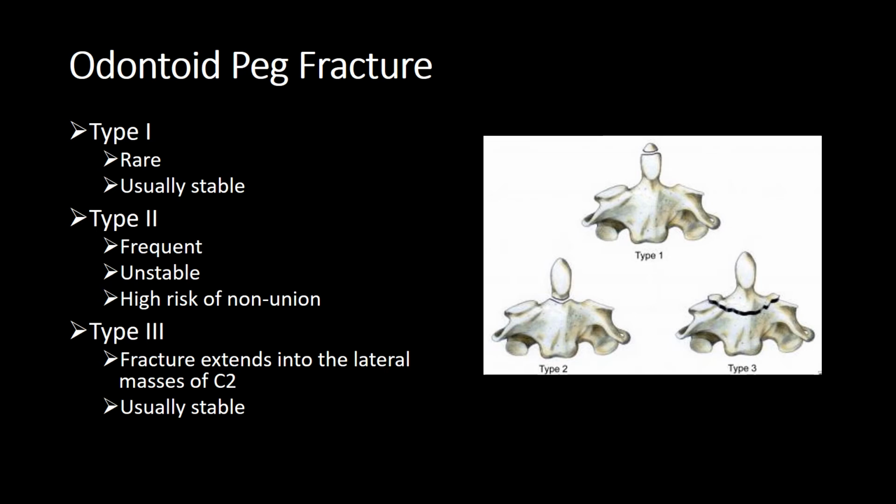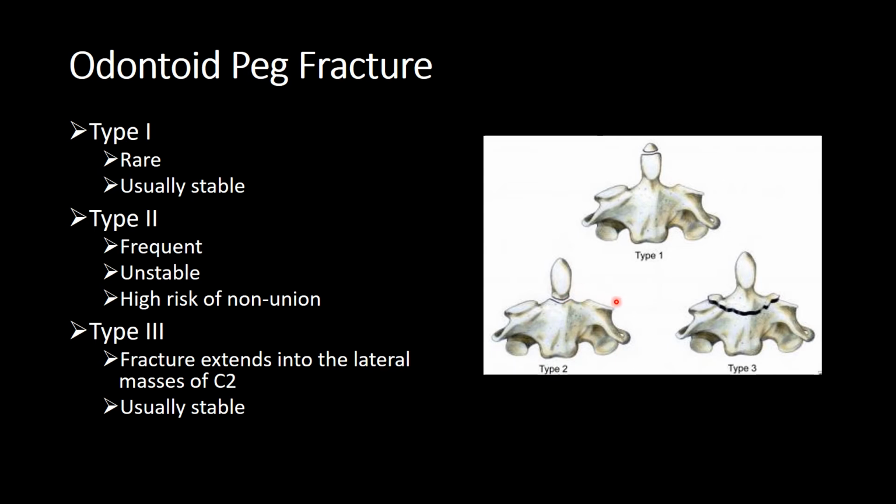Type 2, fracture to the base of the peg. This is very common. As you can imagine, because the fracture to the base of the peg means that the peg is no longer united and therefore it is unstable.